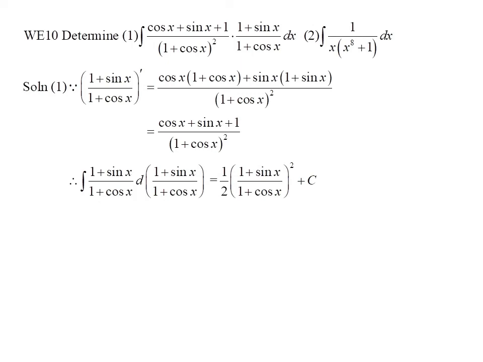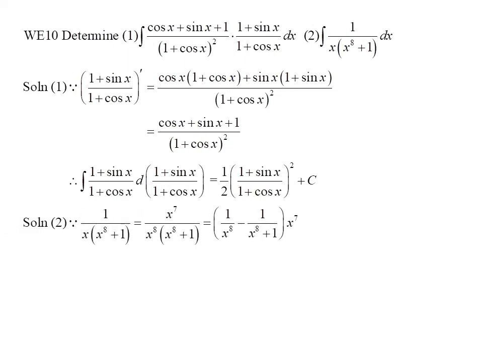Hence, the antiderivative is written to the integral of 1 plus sine x all over the sum of 1 plus cos x, d 1 plus sine x, which equals 1 over 2 times 1 plus sine x all over the sum of 1 plus cos x, or in parentheses, squared plus c.